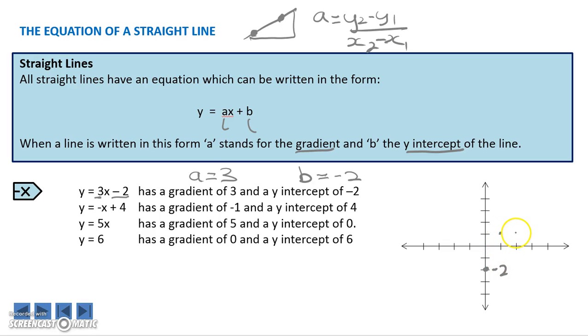Go across 1 from that same point, rise 3. Then I can start to visualize what this actually looks like. And you can start to get an idea. It's a little bit not steep enough, but it would look something like that.